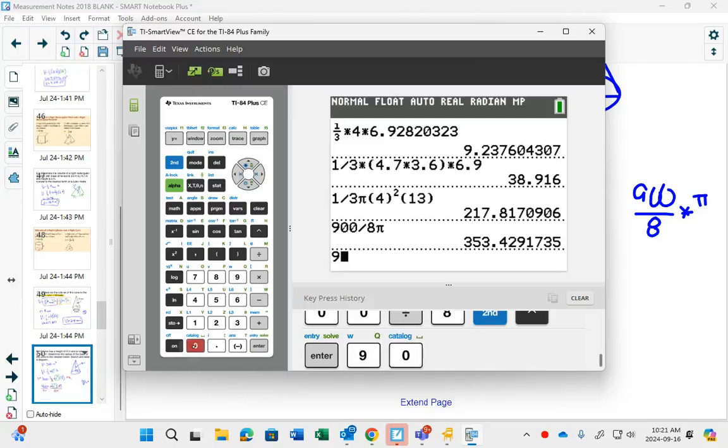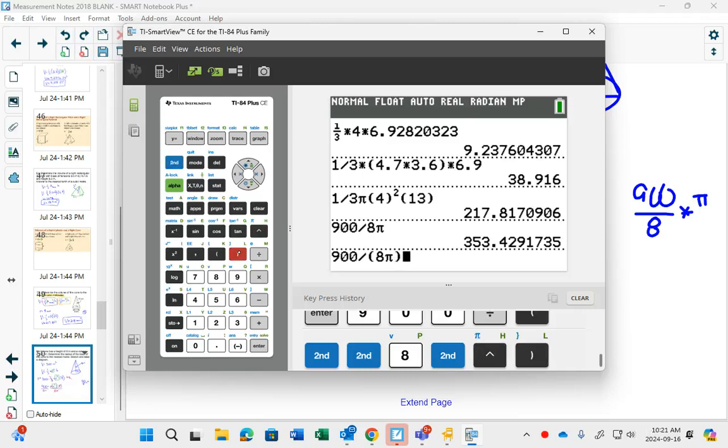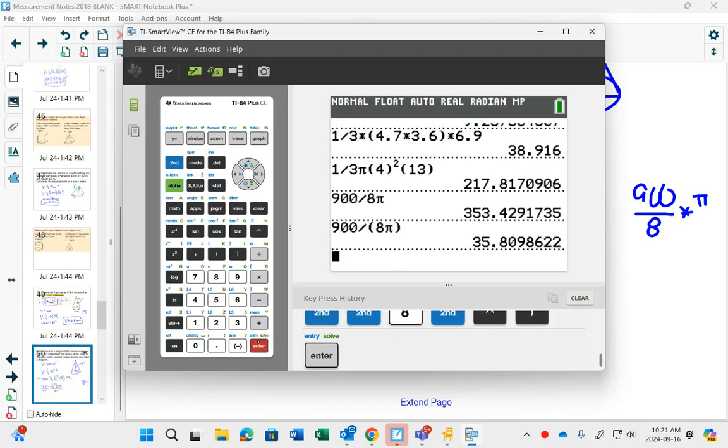But if we do 900 divided by and put the 8 pi in brackets, we get the 35, which is the right answer. It's kind of nice that your calculator could read your mind. But had you wanted it to multiply afterwards, then it would give you an error.